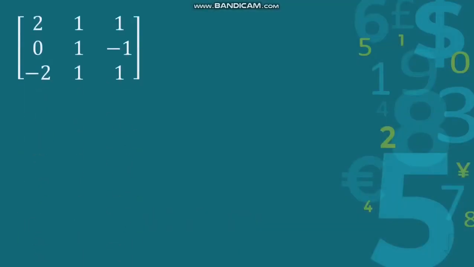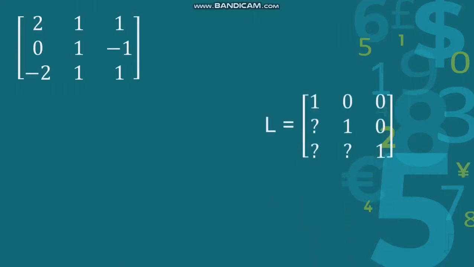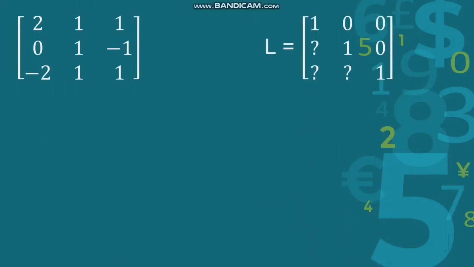Using our coefficient matrix, we will perform row operations on this matrix to form the upper triangular matrix, and at the same time, by using the opposite of our multipliers, we will build the lower triangular matrix.